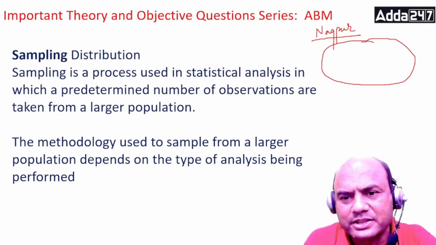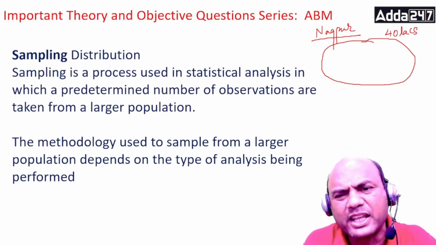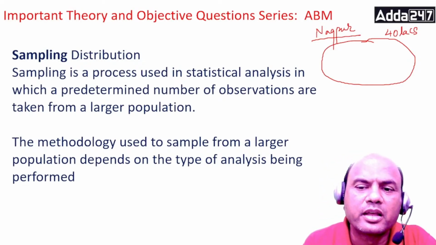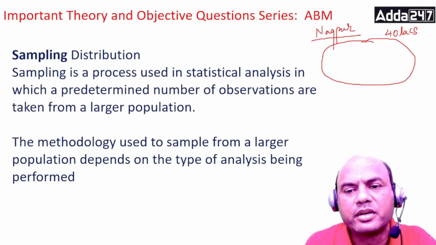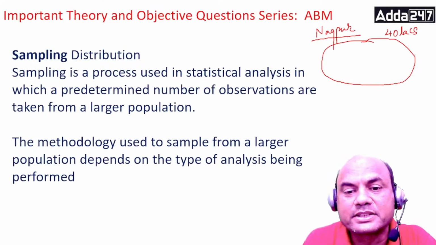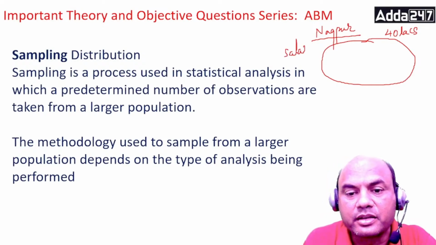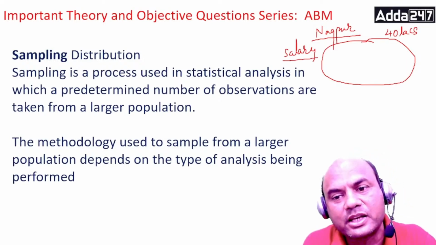Okay, let's say 40 lakhs is the population of Nagpur or any city for that matter, Delhi, Mumbai, any city. Now, if I tell you, go and find among all these 40 lakh citizens, find the average salary. All the 40 lakh citizens. Go and find the average salary of all these 40 lakh.